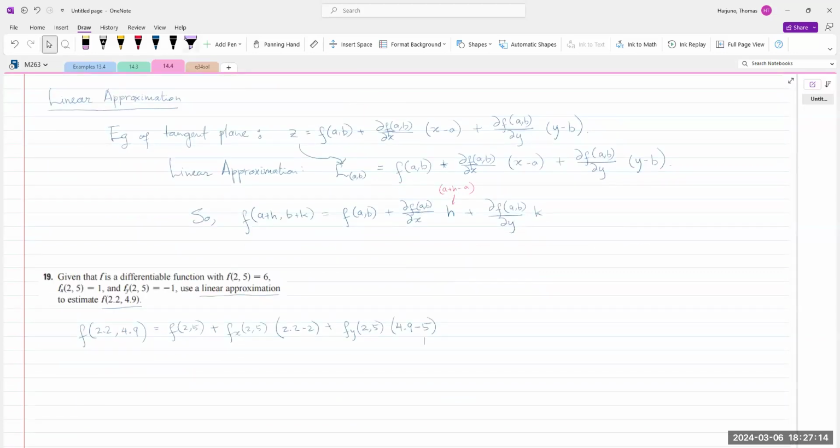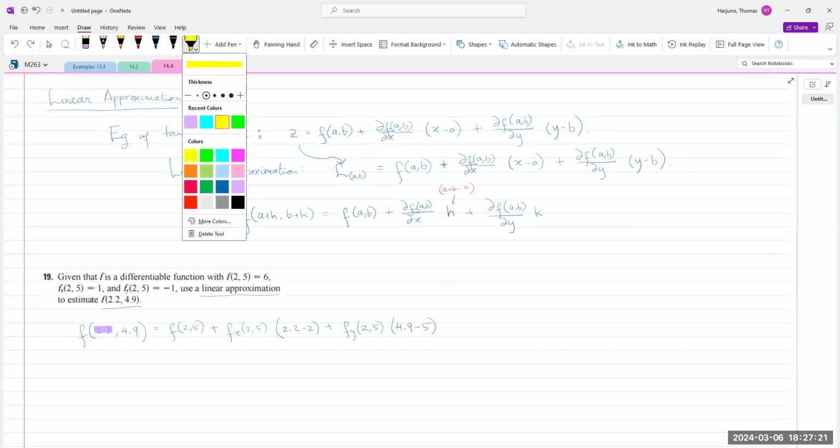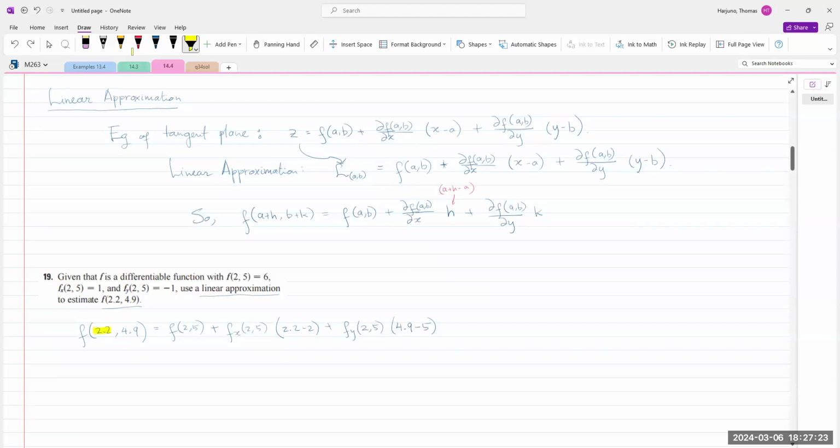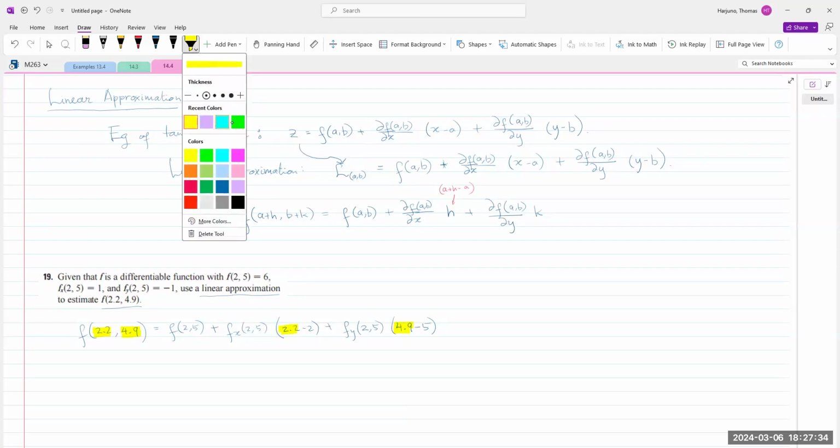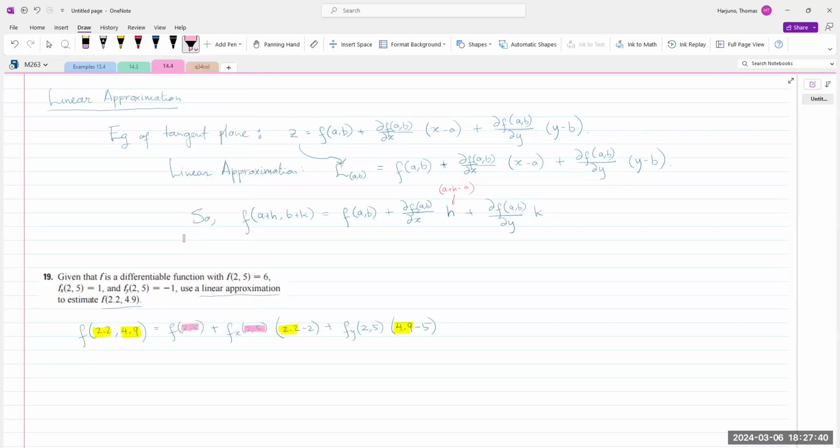Okay, so let me show you. No, this is too dark. Let me use yellow. So this guy goes here, this guy goes here, right? But the reference coordinate, let me use this one, (2, 5), this is the 2, this is the 5.